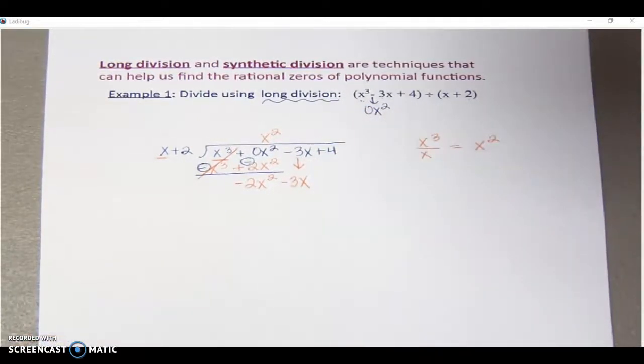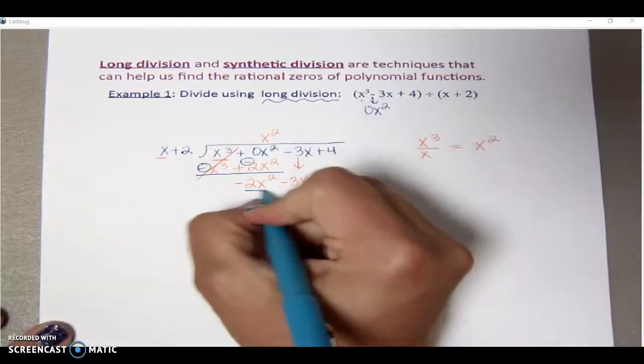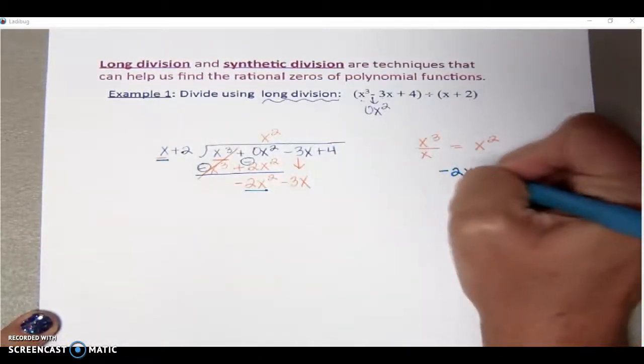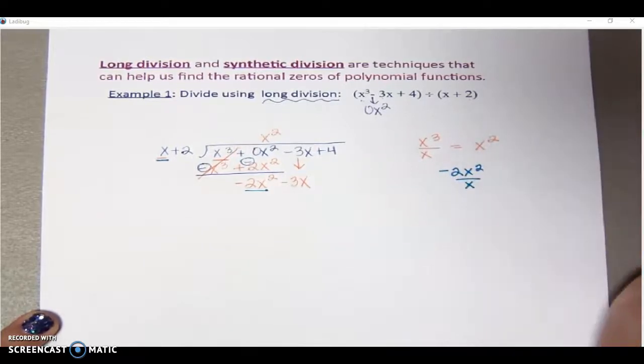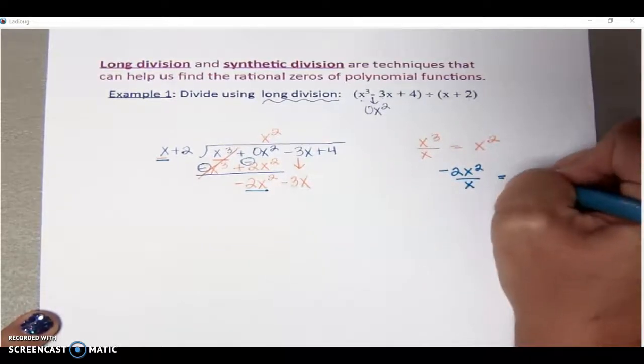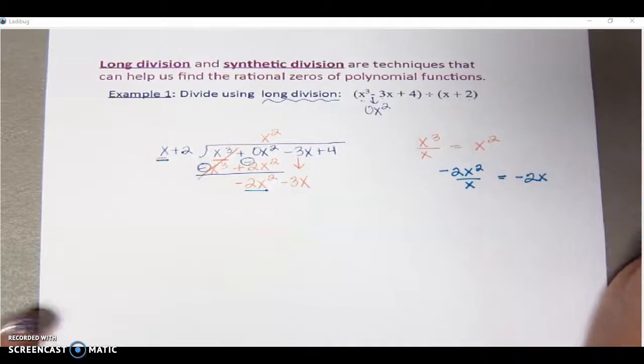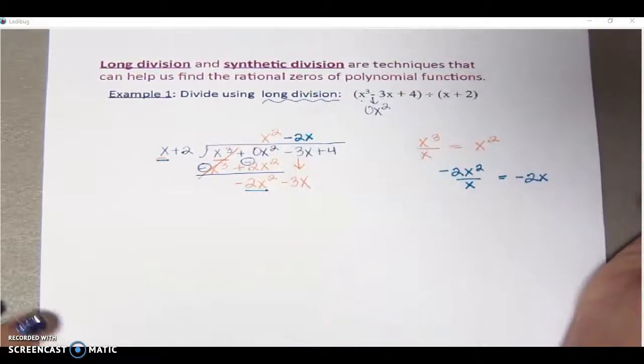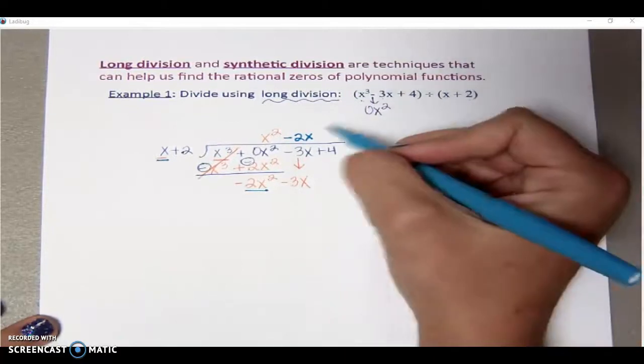Once you've done that, you're going to start all over. So we're going to divide the first term divided by the first term. So negative 2x squared divided by x, which will give us negative 2x. So we're going to line that up on top, put negative 2x here. After you divide, you're going to multiply.